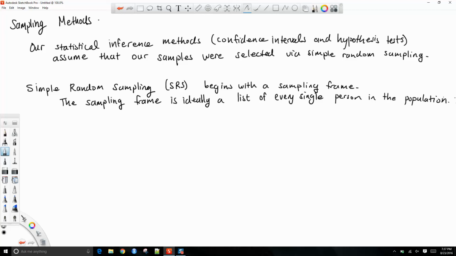To get a true sampling frame is actually quite difficult, unless you're dealing with a single organization like a company or a school.